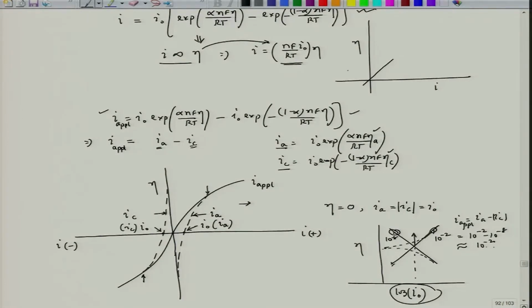So, I A becomes equal to I applied. The similar thing applies here. So, at a higher over voltage the individual current densities become equal to I applied. So, this is the plot.